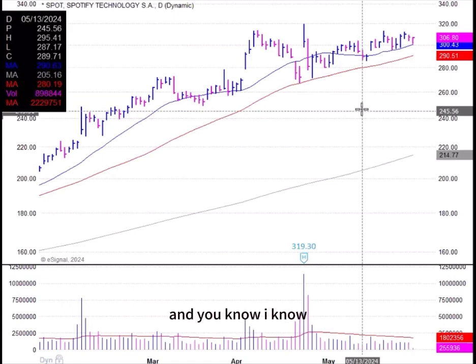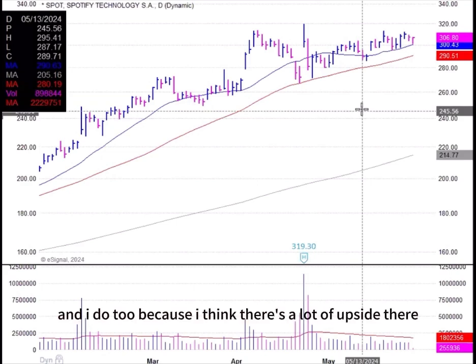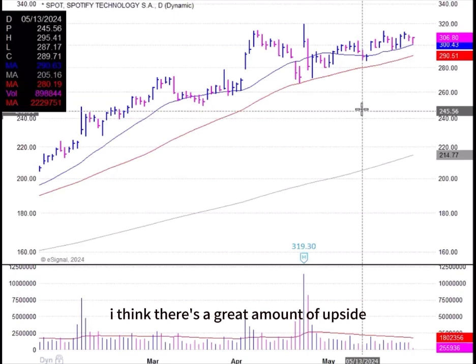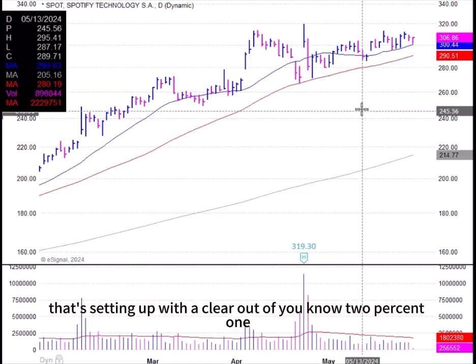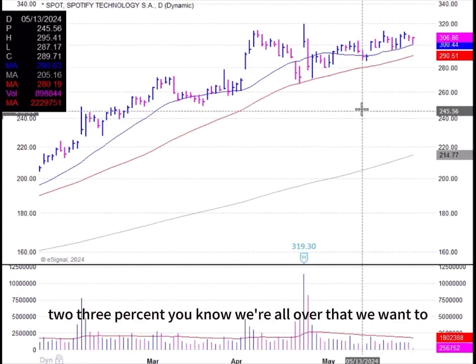I know Mark has an affection for Bitcoin, and I do too, because I think there's a great amount of upside there. When you're coming into a trade with big upside, and you've got a nice tight pivot setting up with a clear out of 2%, 3%, we're all over that.